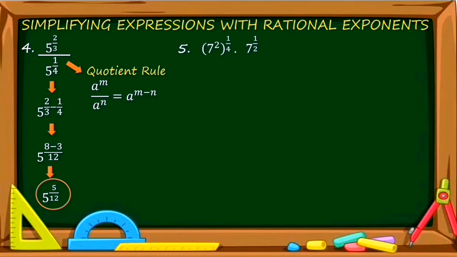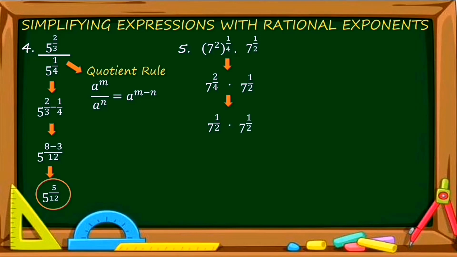Number 5, (7^2)^(1/4) times 7^(1/2). To answer this, let us simplify first (7^2)^(1/4). That is equal to 7^(2/4). Then, bring down 7^(1/2). 7^(2/4) is the same as 7^(1/2).